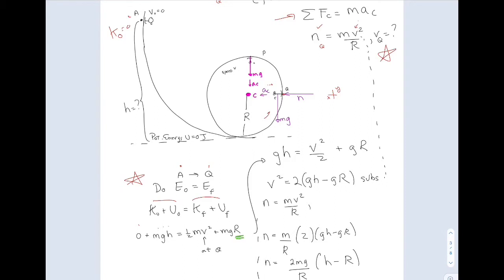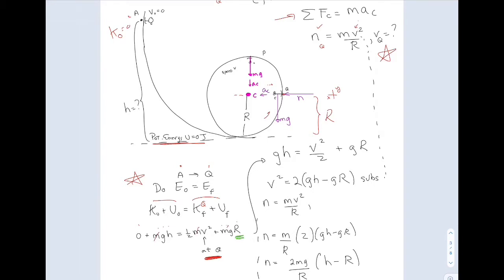Potential is mgh. Final kinetic energy, remember this is at point Q, is 1/2 mv squared. I'm trying to find the speed at Q. The potential energy at Q is mg times the height, and the height at point Q is just the radius. That's their height above the reference point. So what I did is I got rid of the m's.